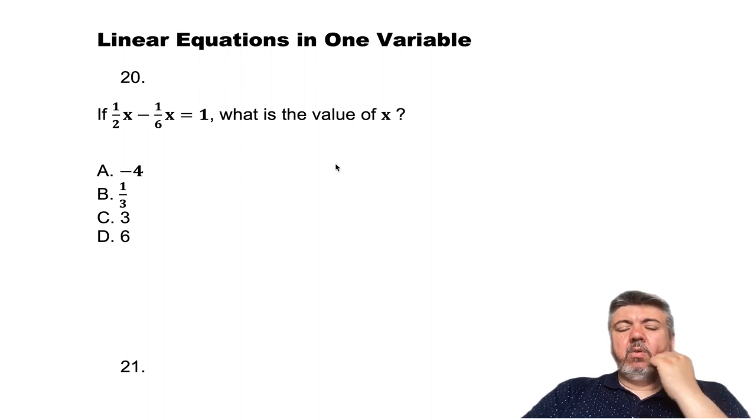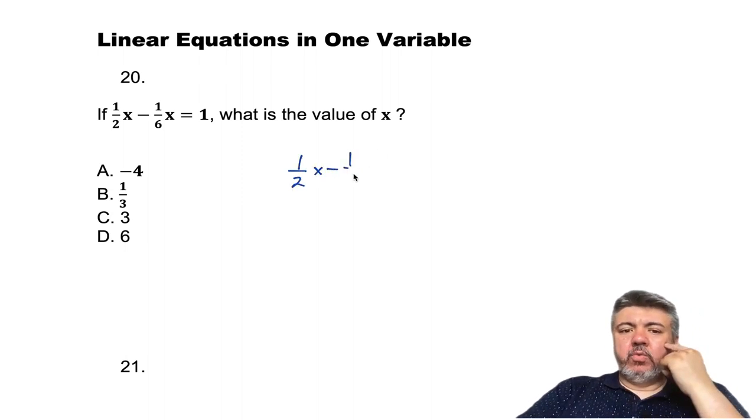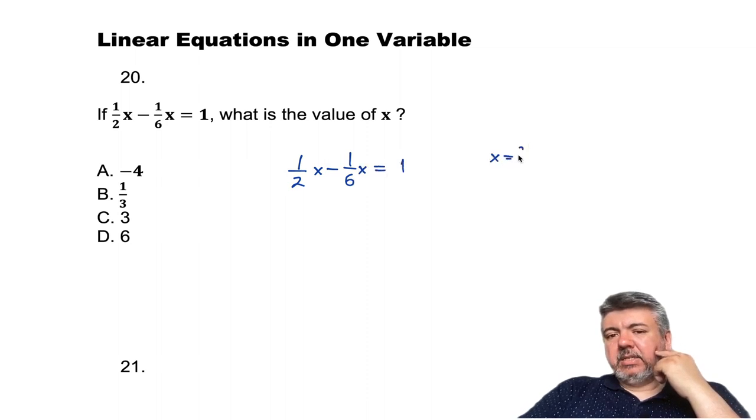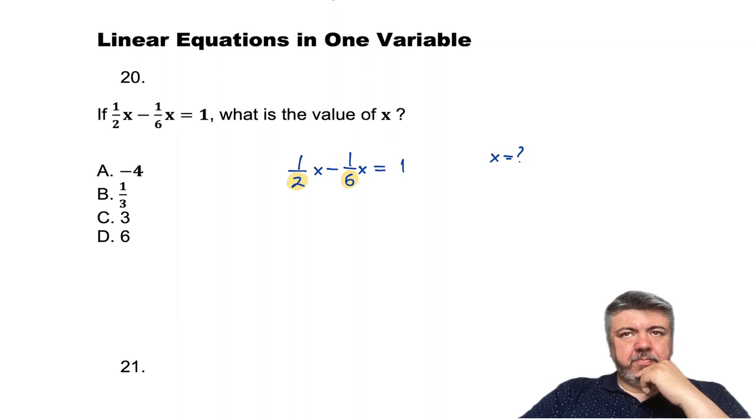Question 20. 1 over 2x minus 1 over 6x equals 1. What is the value of x? I have a trick for this one. I have 2 in the denominator and 6 in the other denominator, so their least common multiple is 6.